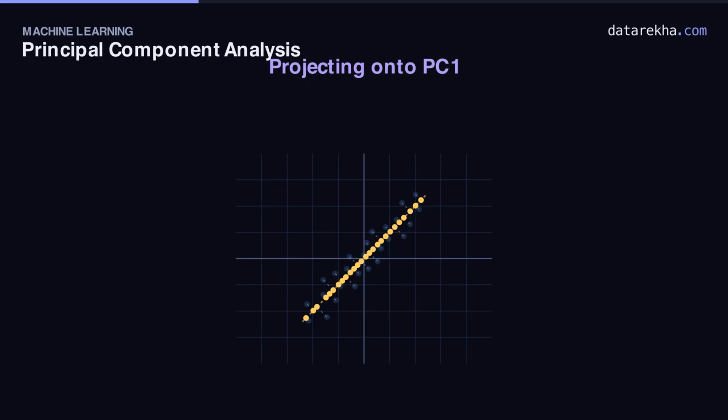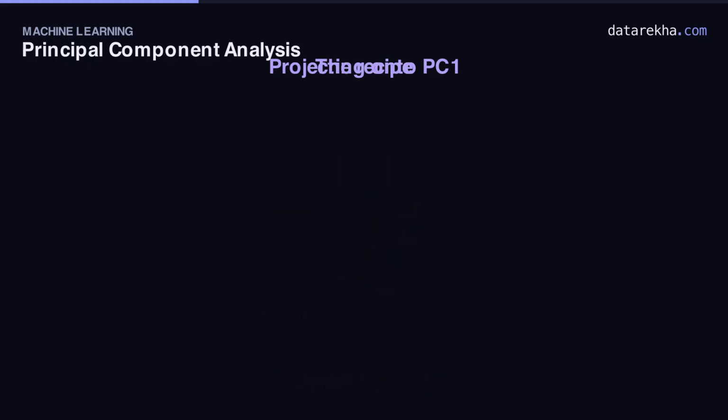The long axis is preserved almost perfectly. That single surviving number, how far along PC1 each point landed, is its new coordinate. We threw away the second dimension, the tiny sideways wobble, and kept the direction that mattered. That is dimensionality reduction, done right.